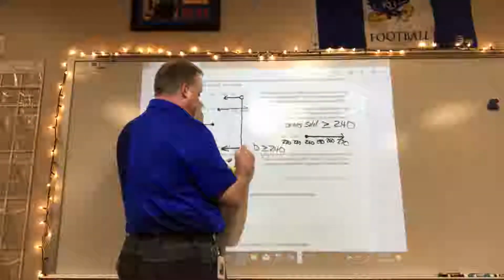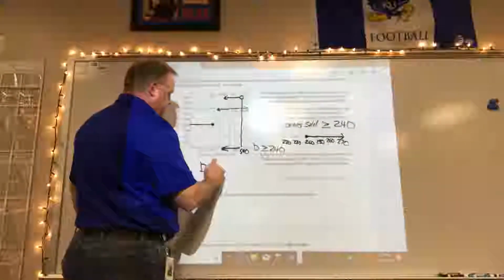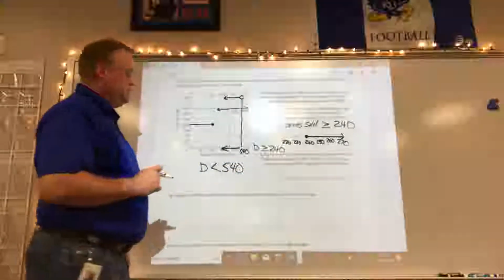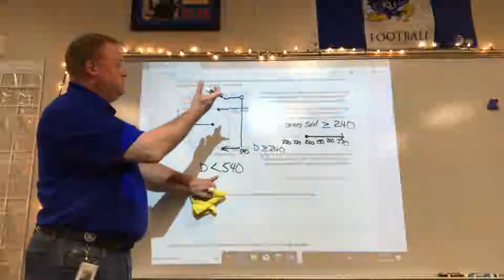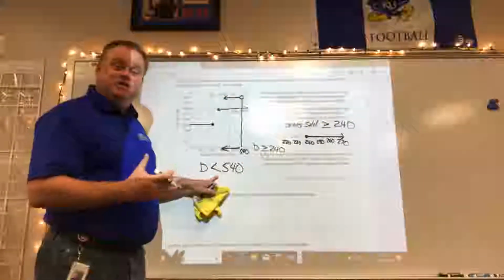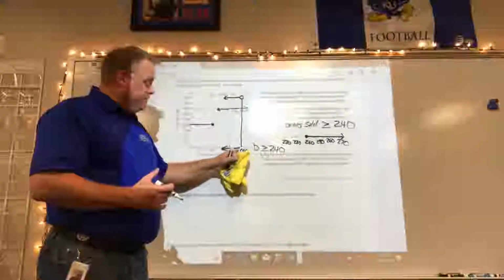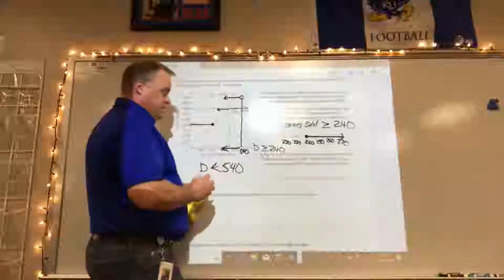So this is going to be 540. So I know that B has to be less than 540. Now notice it doesn't have an equal to bar because it's less than $2,050. So I'm going to be less than 540, and I'm going to graph that direction.